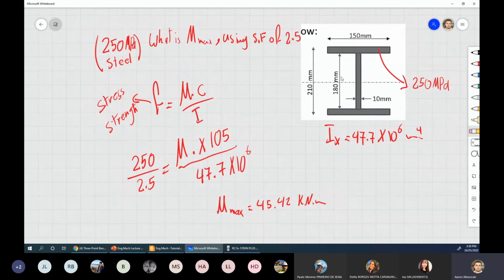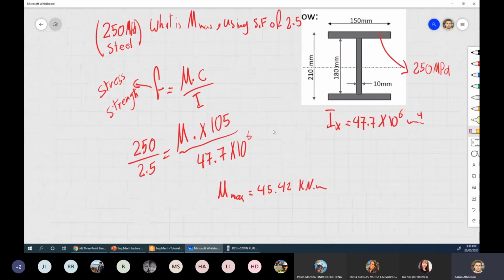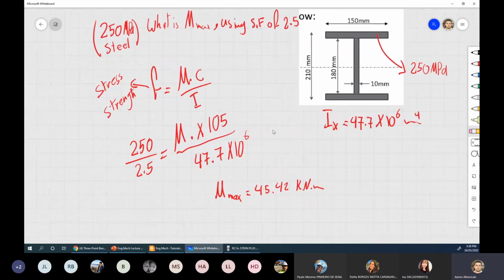What is the maximum moment he can support? That means I have to give him a smaller moment than the actual moment that this member can support. Okay, so let's do it in a slightly different way if you would like. Let's delete this. We got here 45, correct?